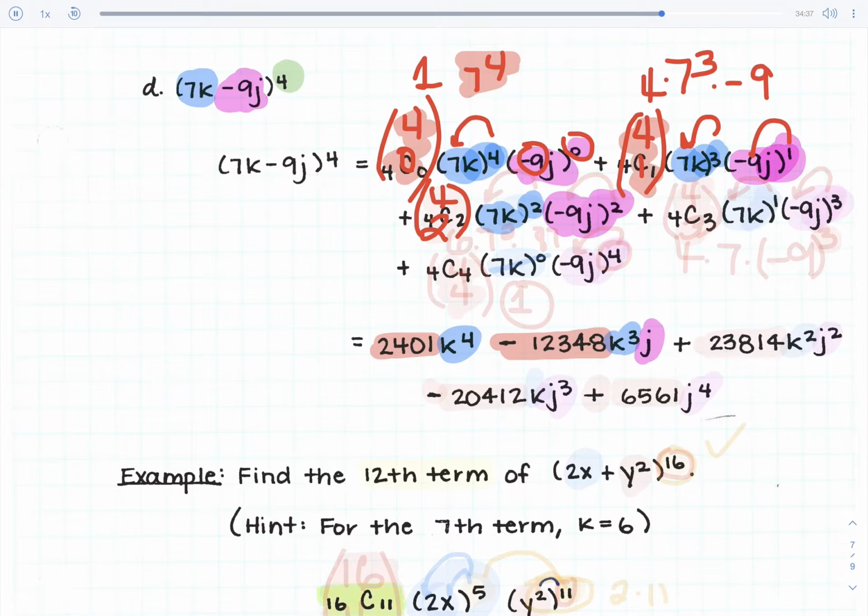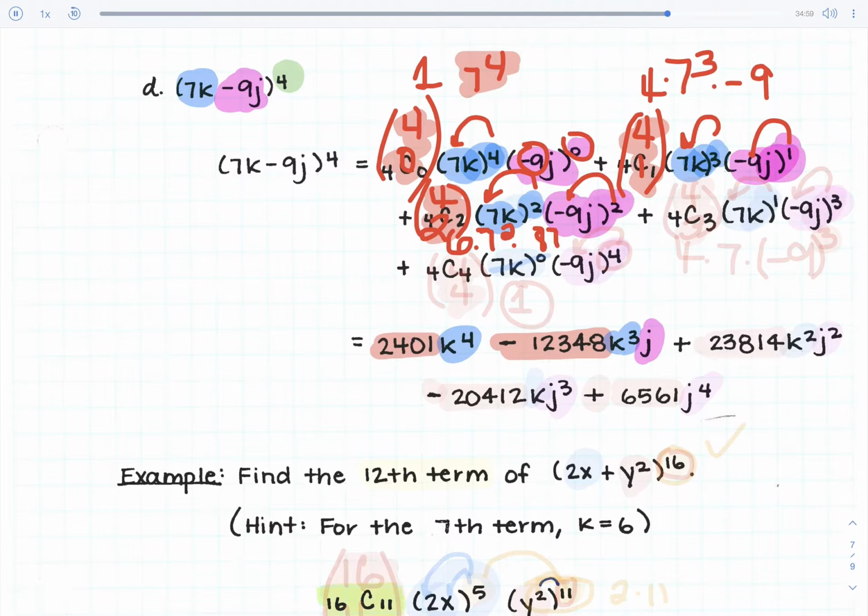First, our combination here, our 4 with the 2 on the bottom, will just get us the number 6. But it still has to get multiplied by the 7 squared here, which is 49. And it also has to get multiplied by a negative 9 squared. Be careful, a negative 9 squared is actually a positive 81.